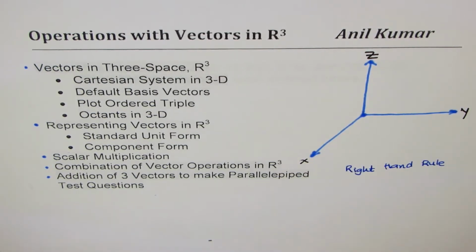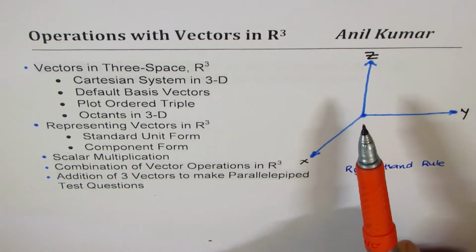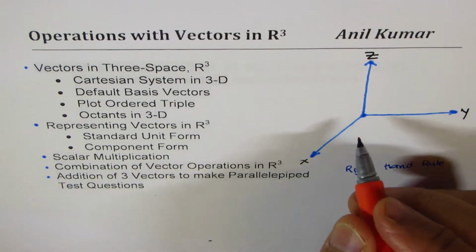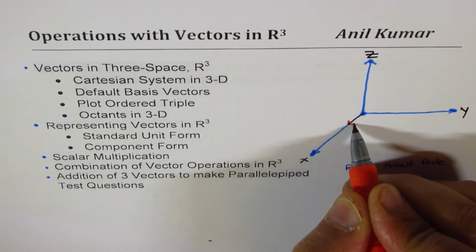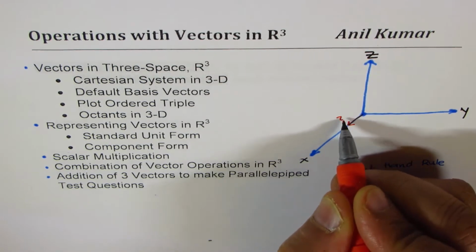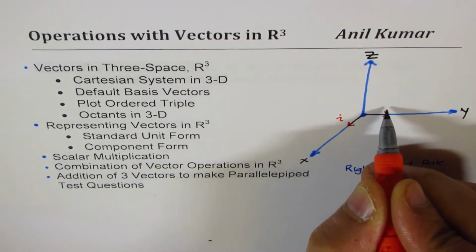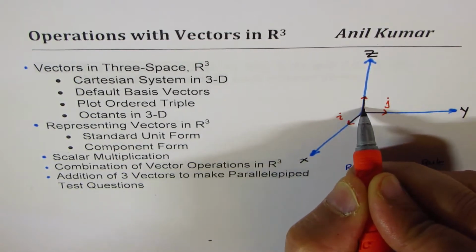As we used i and j for R2 or 2 dimensions, here the default unit vectors are: along x is i, along y is j, and along z is k.